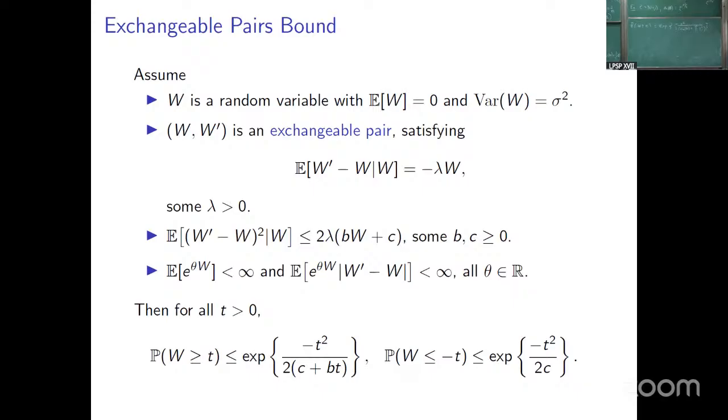This was lambda here, so that's where the lambda goes. If the variance of W is order n, this is more or less what we saw in Hoeffding's inequality. It's a slightly worse bound because we have this variance added, but it's the same quality in general, up to the constants and the order of this thing.